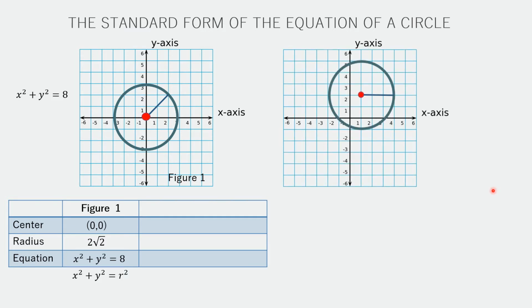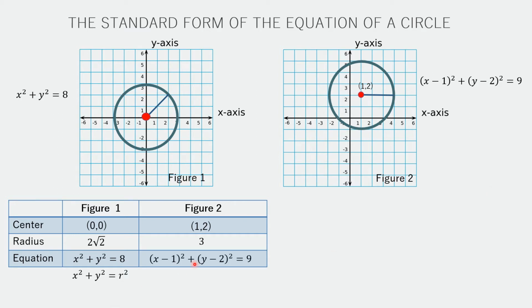Similarly, our next example, figure number 2, we have this wherein the center is not at the origin. Okay? So here, we have this given that the center is at 1, 2, and the radius is 3.